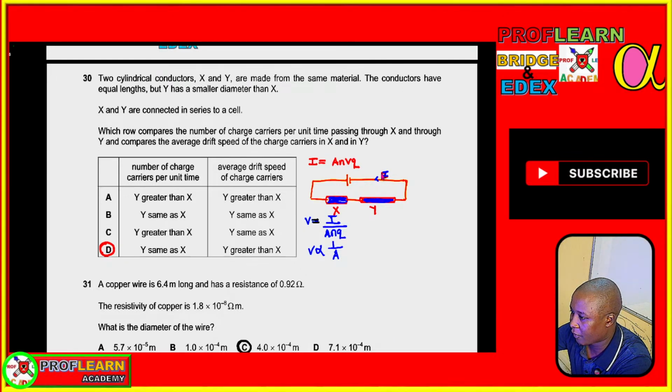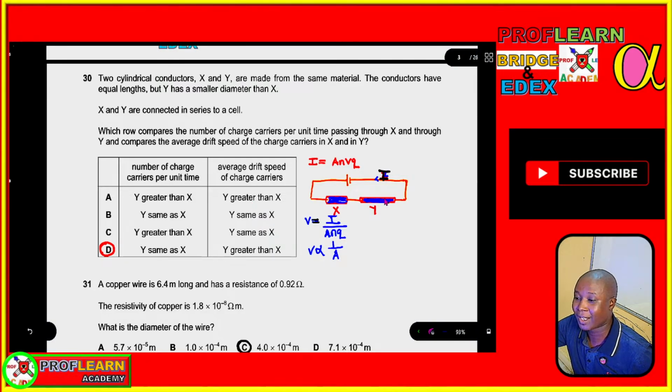So how do we define current? It is the rate of flow of charge. So the number of charge carriers per unit time is going to be the same because there is the same current that is passing. So that's why I selected option D.